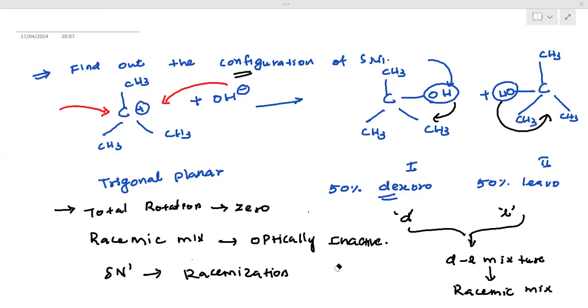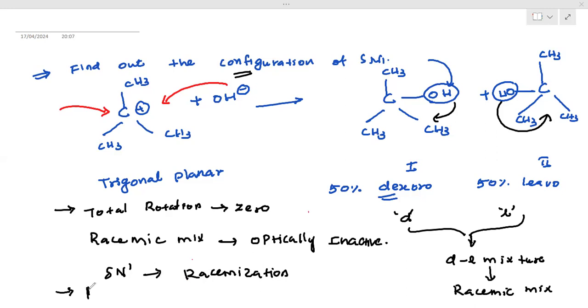Now, taking SN1, first what is important is the alkyl halide, and another content is the halogen. How should the halogen be? The SN1 reaction is faster if the alkyl group is tertiary, because the reaction proceeds very fast when it forms a tertiary carbocation, which is a very stable carbocation.